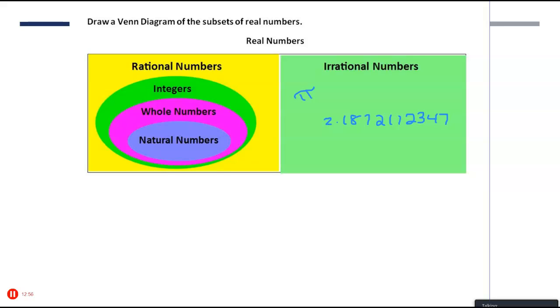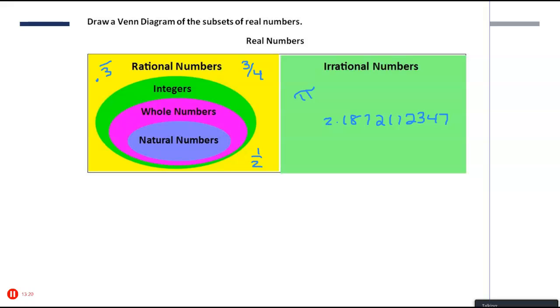The rationals are the pretty numbers. That's my fractions, my repeating decimals. They're the ones we like to be friends with. So that's the rationals.